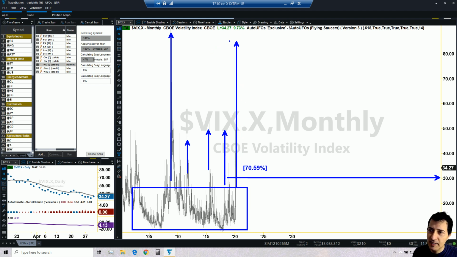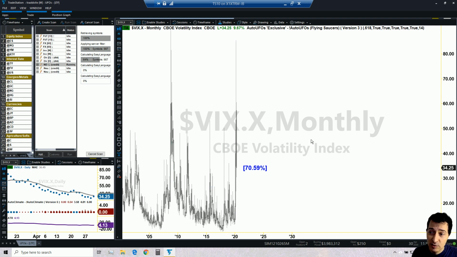Those are very rare situations that only happen maybe once or twice in a decade. They are statistically unlikely situations, where what's inside the box is what happens most of the time. And notice that being above 30 is certainly a high number.